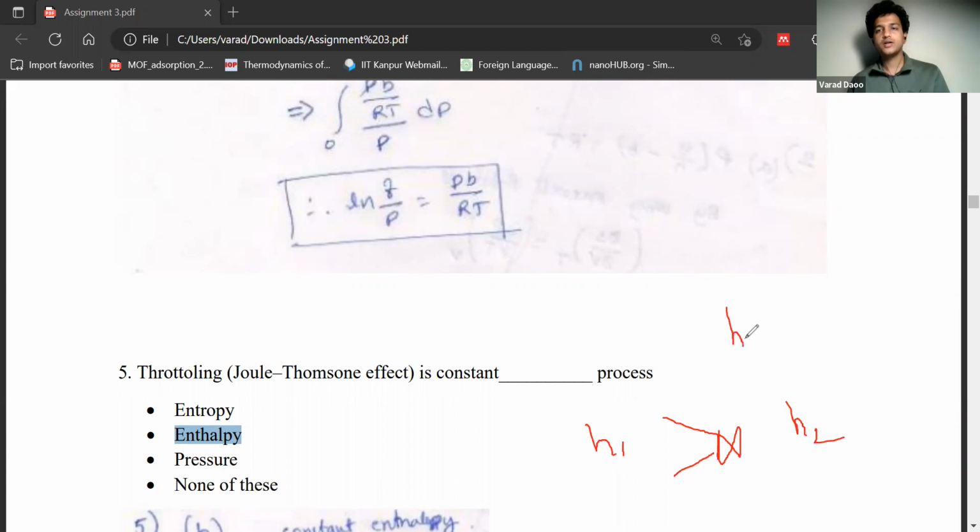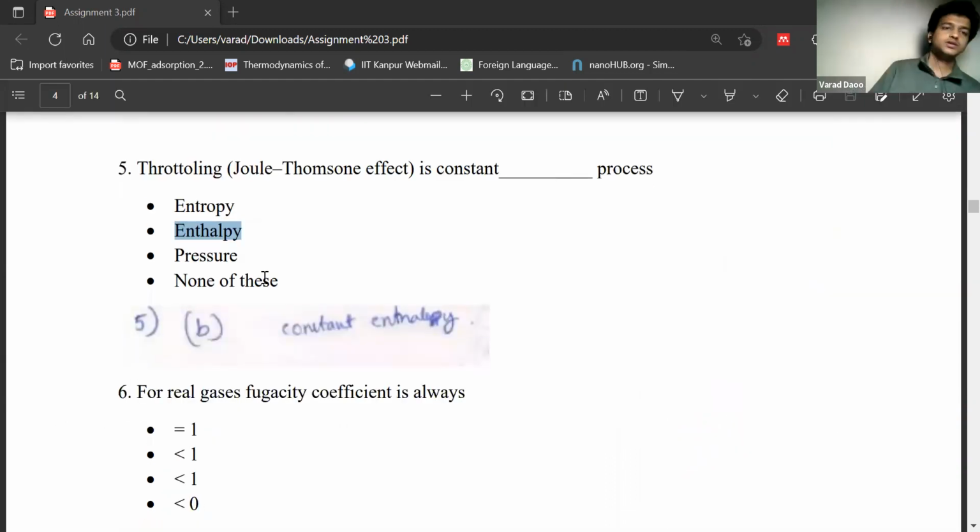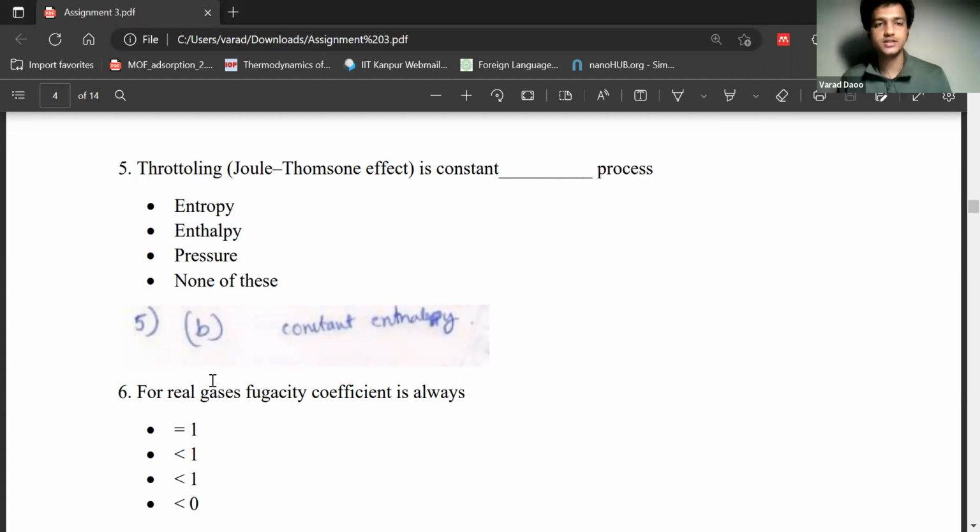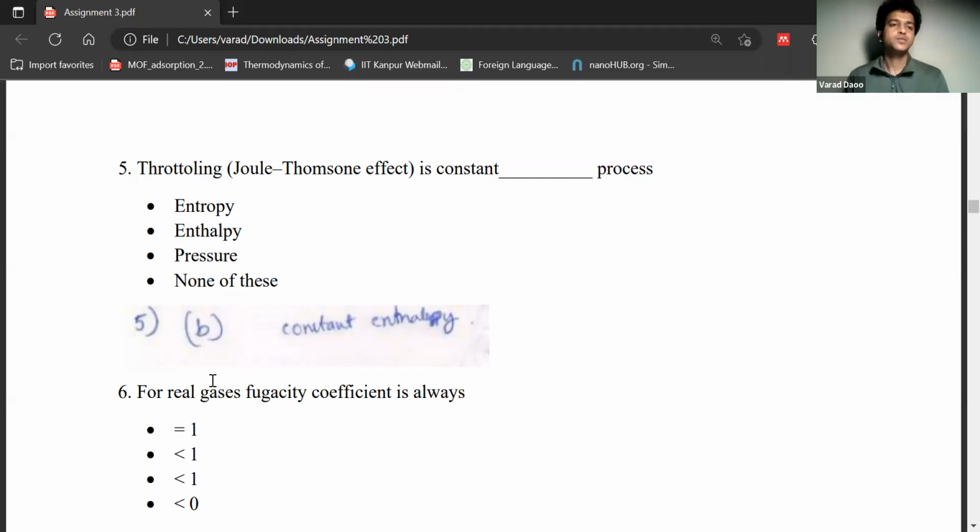So throttling is an isenthalpic process. That means H1 is going to be H2. The correct answer is option B. There is nothing new in this question, so I hope question 5 is clear. If anybody has any question, they can ask. It is just a conceptual question.